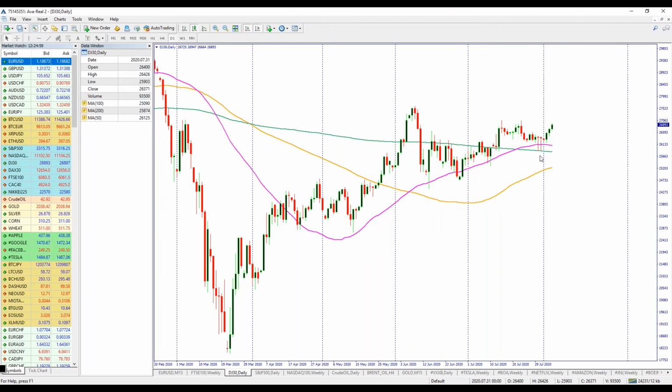But one important thing when it comes to the S&P 500 index is that the price is trading above all three important moving averages, a very, very important factor. And secondly, the price is trading above the 200-day moving average and above its 50-day moving average. Again, that is very, very positive for the S&P 500 index.